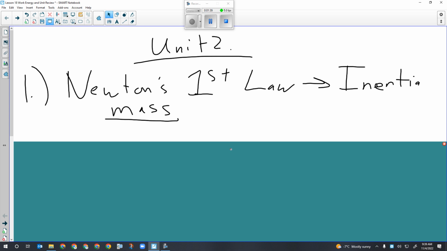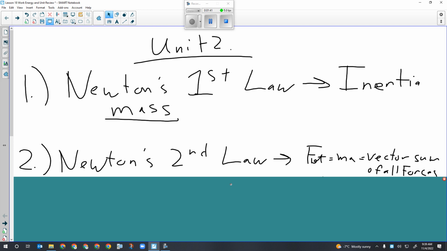All right, then we talked about Newton's second law. This is by far the most important and mark-intensive part of this unit and thus the unit exam.